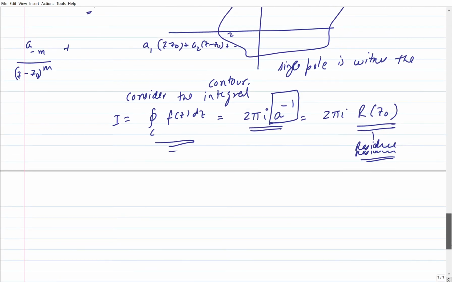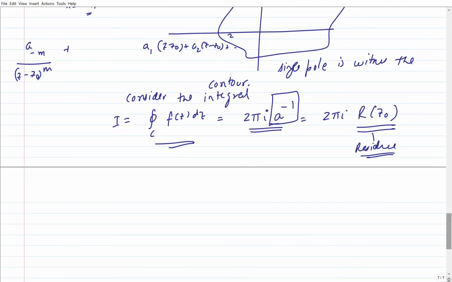So this was for a single pole, but this can be extended to more than one pole.